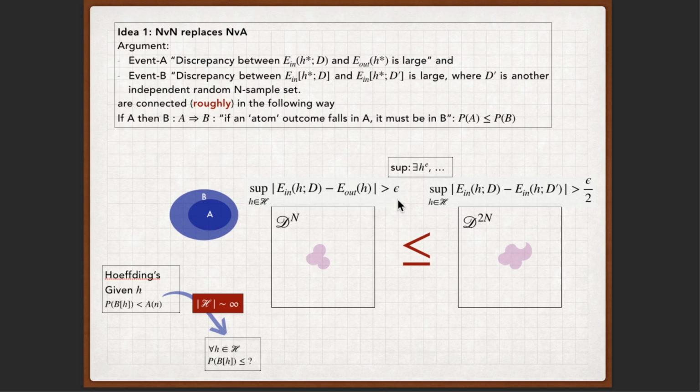They are logically the same thing. So this is the bad event in question, and we consider a logical consequence of this bad event.